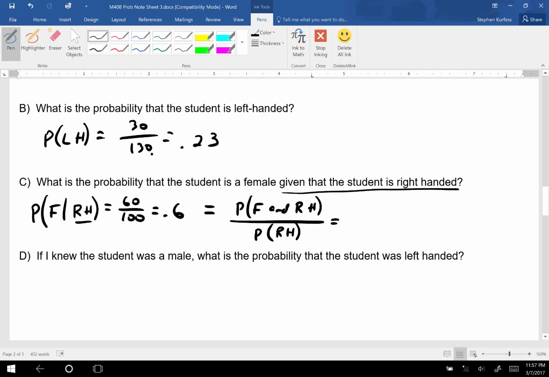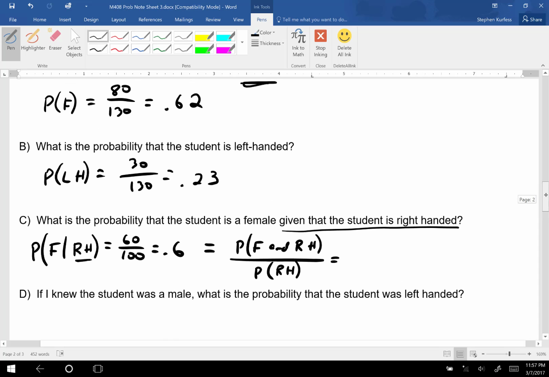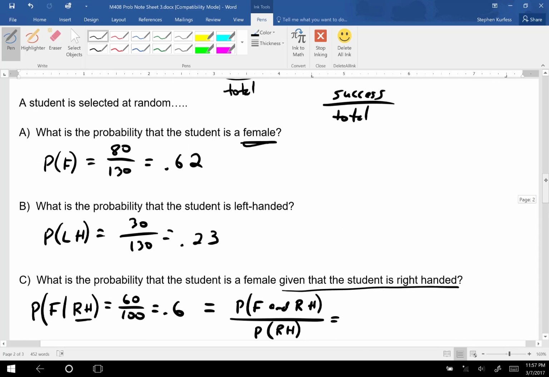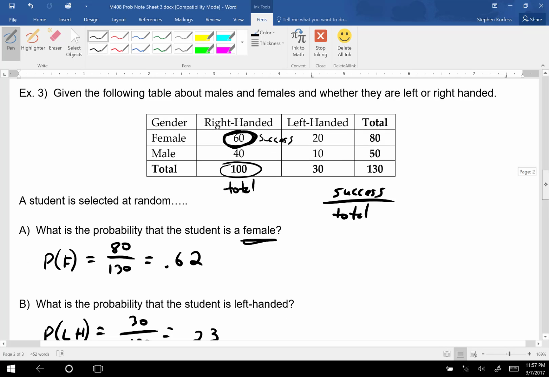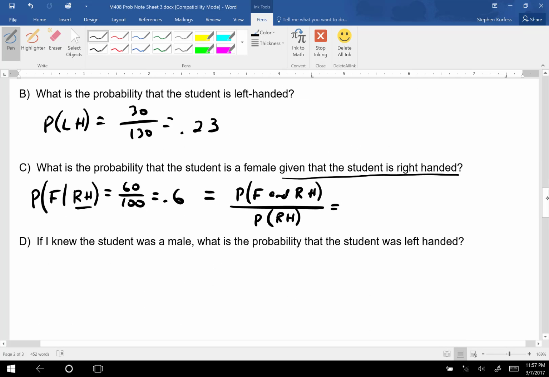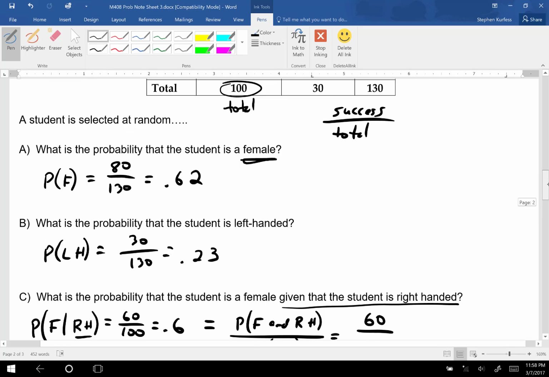So it doesn't matter if I use the numbers or if I use the probabilities. Okay, so let's go up and check it out here. So the probability of a female and right-handed, let's see how many there are. So female and right-handed, there's 60. Everybody agree with that? That's the probability of female and right-handed is 60. So let's put 60. And what's the probability that the person is right-handed?